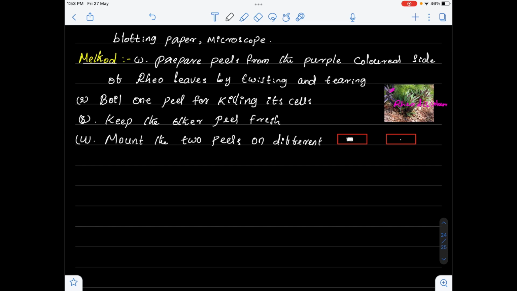We should uniformly spread the normal peel on one of the glass slides and the boiled peel on another slide. So this is A and this is B. On glass slide A, we should place the boiled peel of rheo leaf. On glass slide B, we should take the fresh peel of rheo leaf.